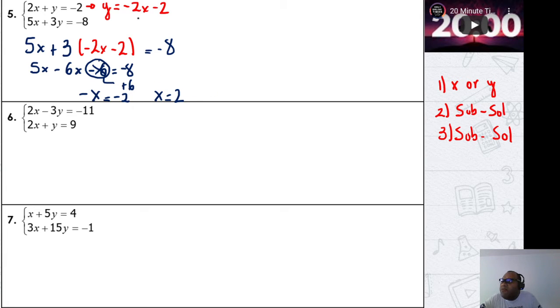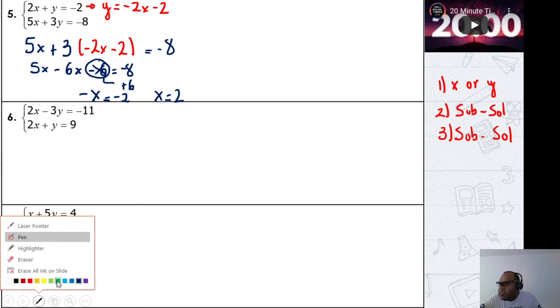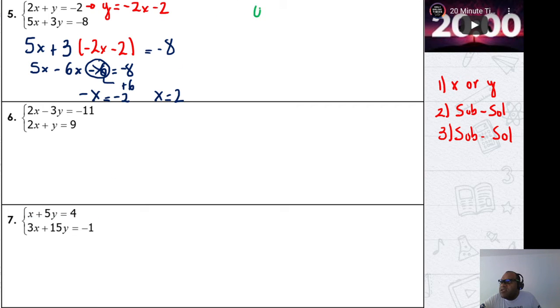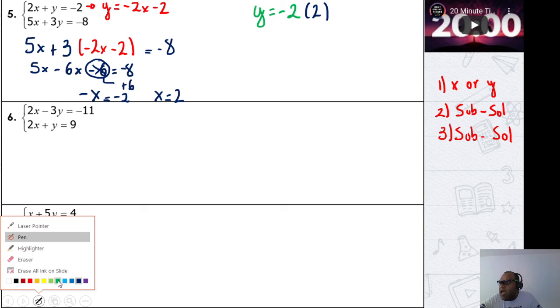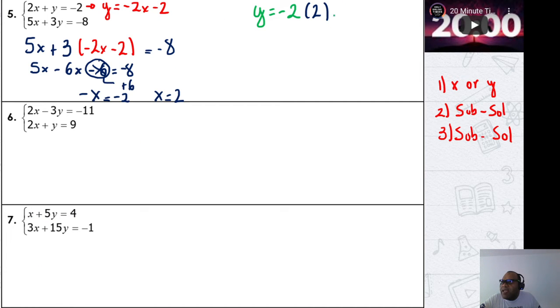Let's use this one in the first equation. Step number 3 right now, guys. It is y equals negative 2x minus 2. Instead of writing x, I will write 2, because that's the number I got. y equals negative 2 times 2 minus 2.